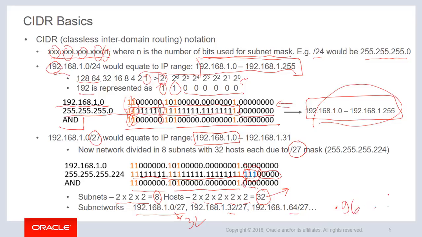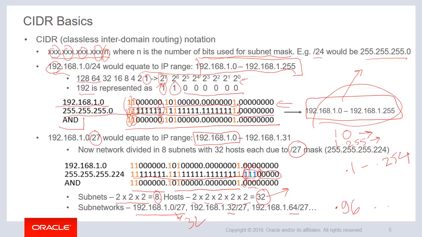Now also remember that if you have a network range like this, the first value here is for the network, and the last value is for the broadcast. So you don't use those two IP addresses. So your host can go from .1 all the way to .254.